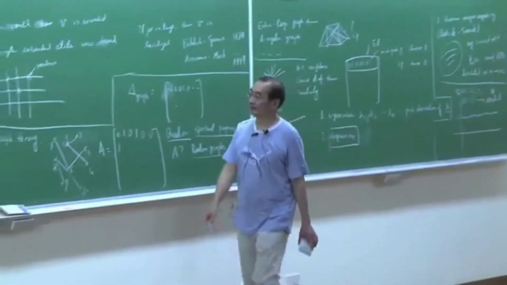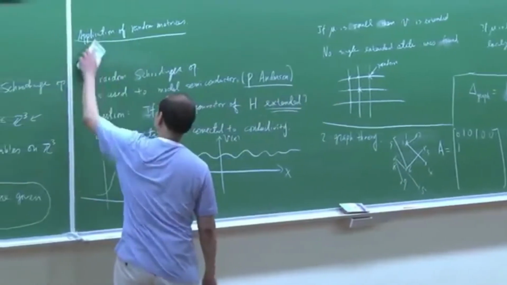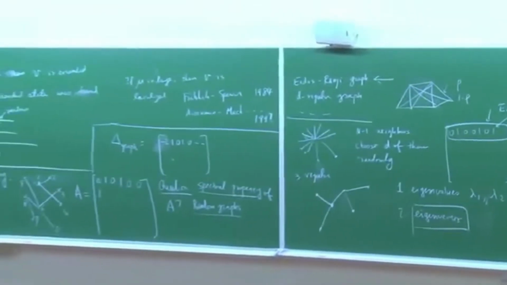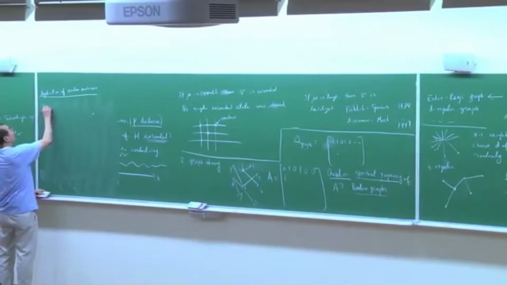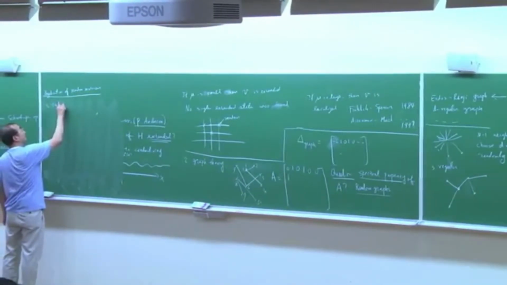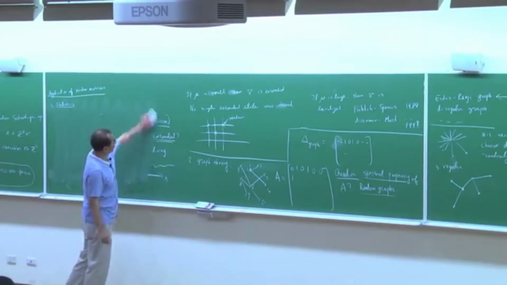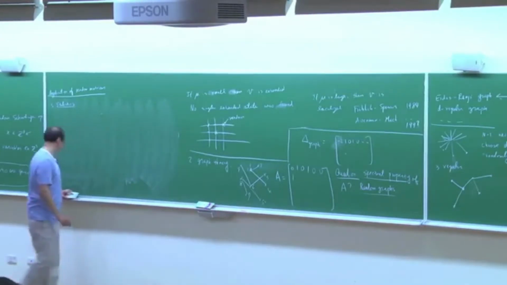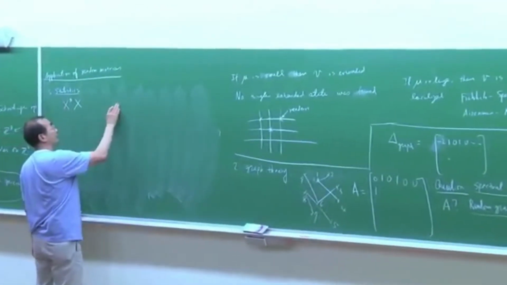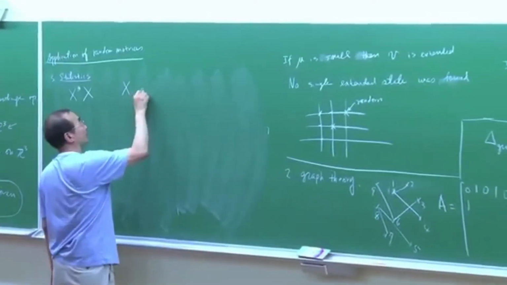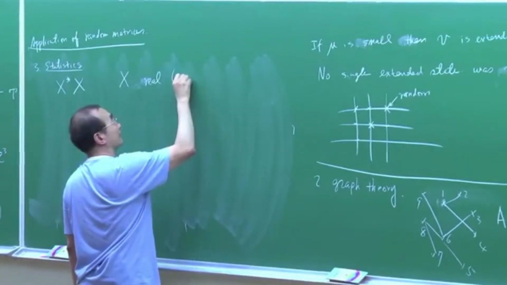And then finally, the third application is statistics. The statistical application is if you look at the matrix X star X, where X, of course, is not symmetric, it's real but not symmetric.